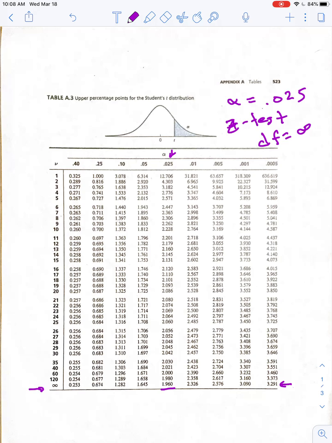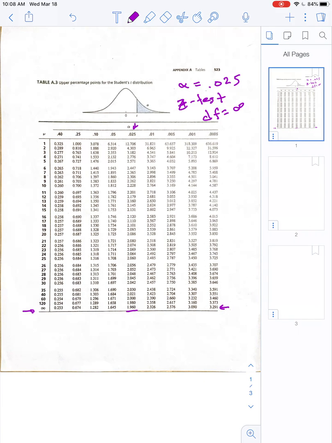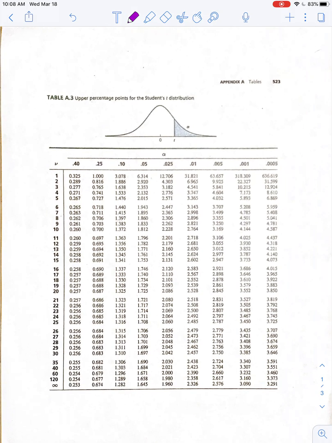Now, let's do one more thing. Let's clear the page. Okay, now what if we're going to do a t-test? Let's let alpha equal 0.01, and this time, let's say our degrees of freedom is 8.